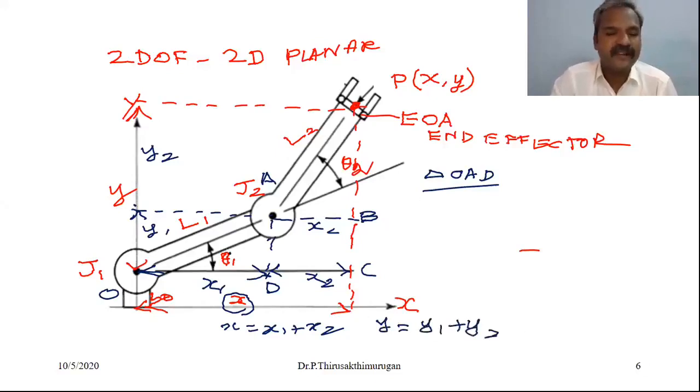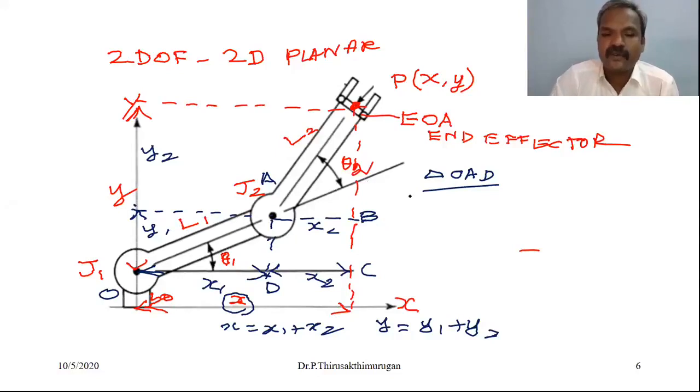So in this triangle, you take theta 1. This is theta 1. So what is x1? X1 is the adjacent side of this triangle. Opposite is y1. This is the hypotenuse. Cos of the angle is adjacent by hypotenuse.